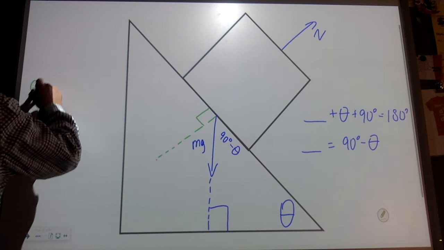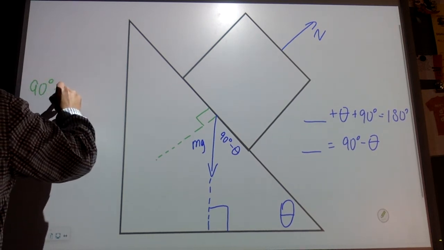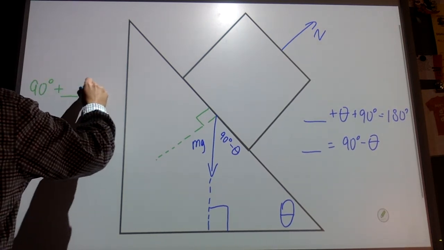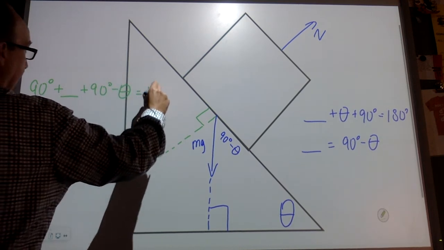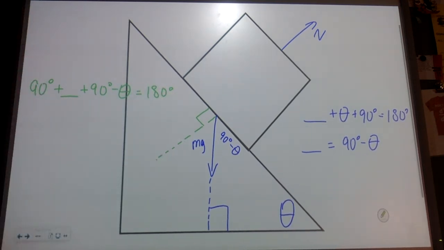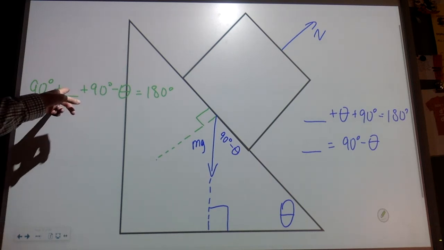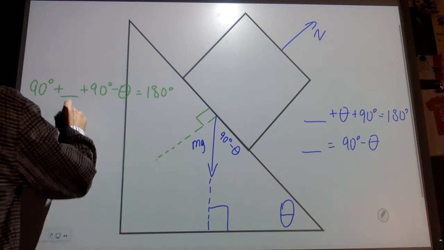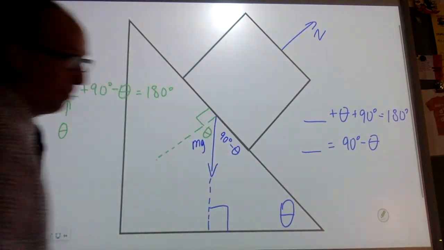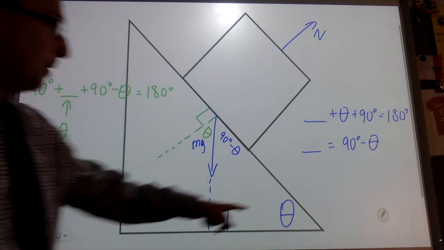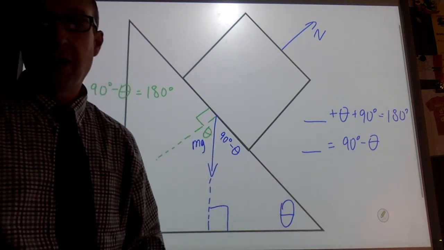So I should have 90 plus our unknown angle plus 90 minus theta equals 180. So what needs to go in here to make this true? Our blank must be theta. So that tells me that this angle there is theta. And so that's why this angle and that angle are the same.